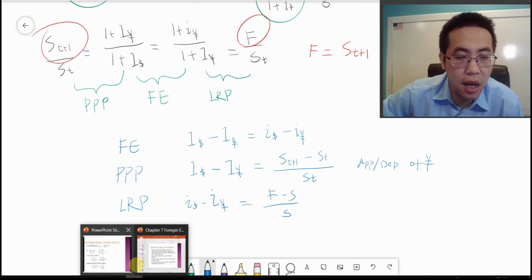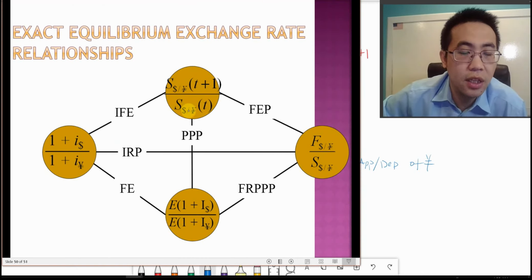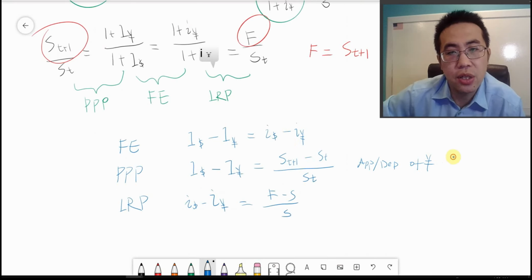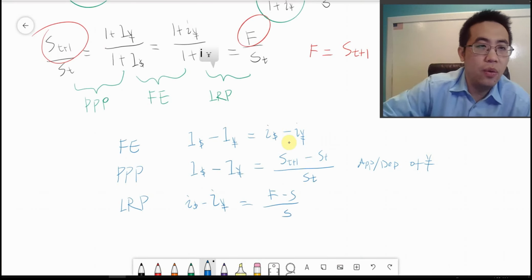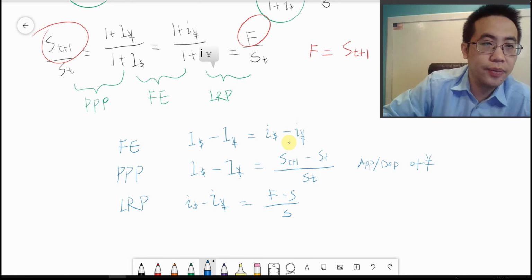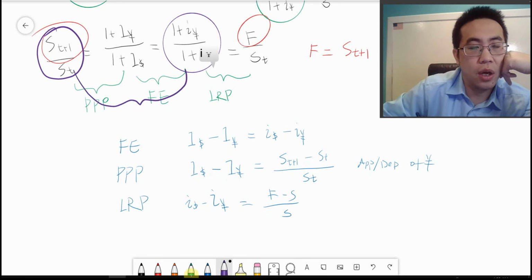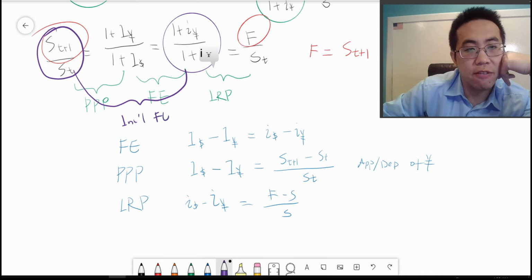So when you connect the dots, we have the international Fisher effect, which equalizes interest ratios to the spot rate change. If you connect these two, spot rate change and interest rate change, we call that the international Fisher effect.